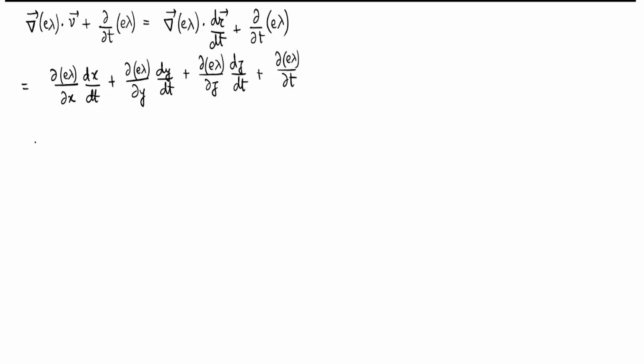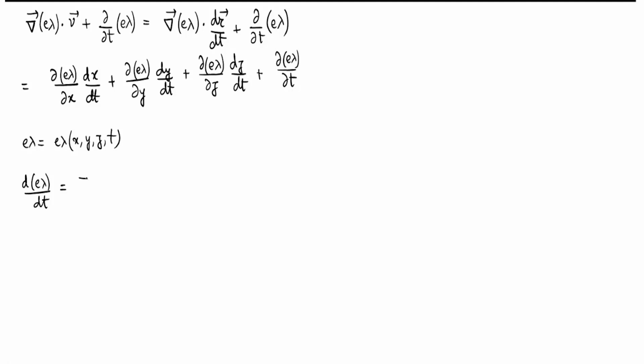So if E lambda is a function of x, y, z, t, then d E lambda dt is this thing, right? Del E lambda del x dx dt plus del E lambda del y dy dt plus del E lambda del z dz dt plus del E lambda del t into dt dt, where dt dt is 1.